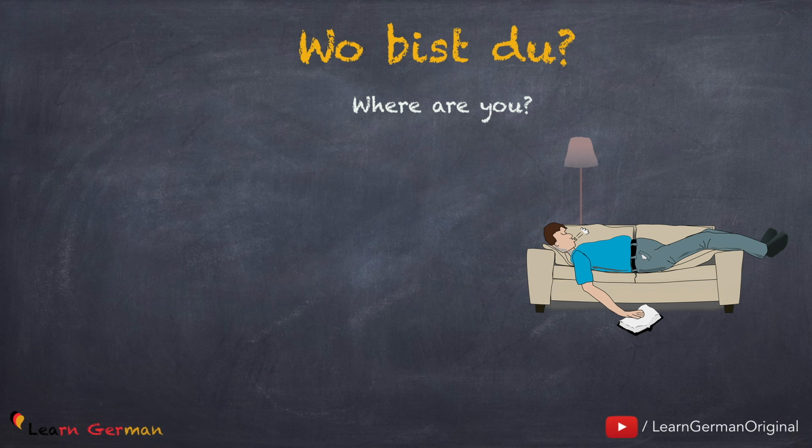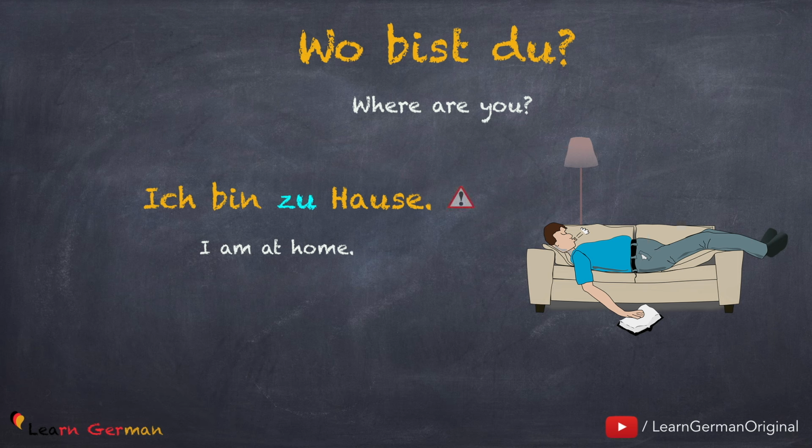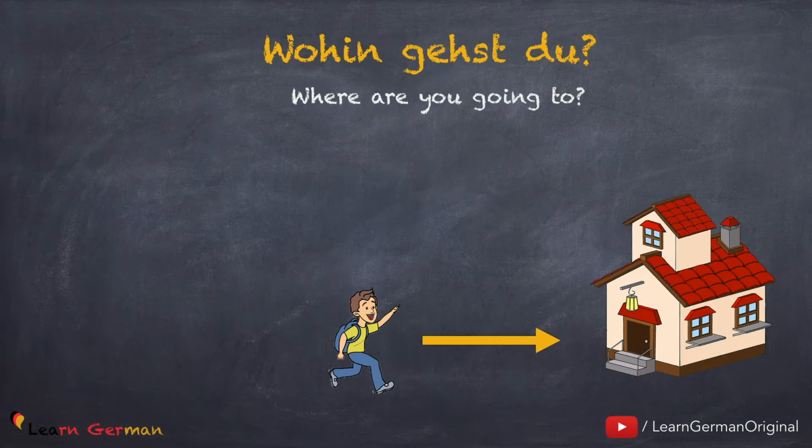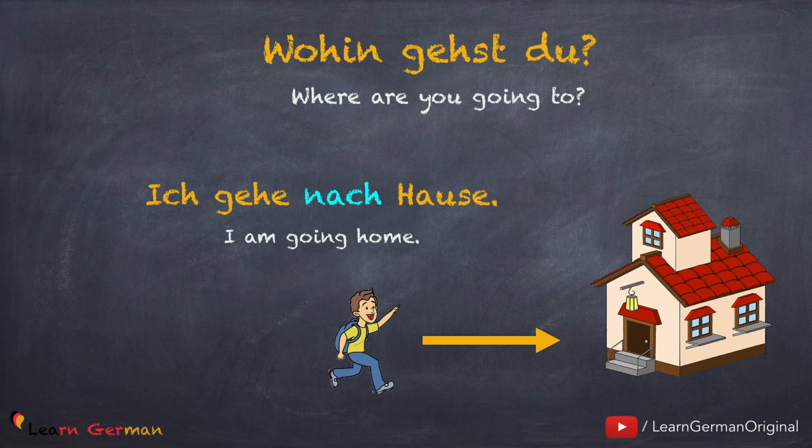Wo bist du? Ich bin zu Hause. Yes, Hause is an exception for both the questions. So when the question is wohin gehst du? You would say ich gehe nach Hause. Just learn them.